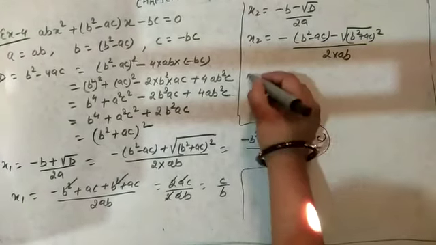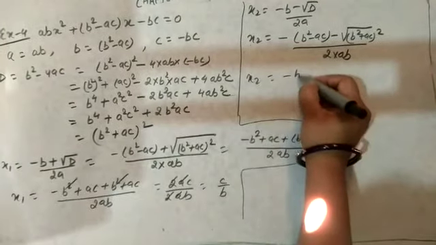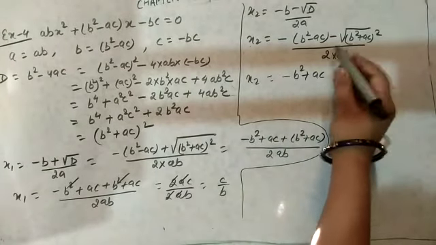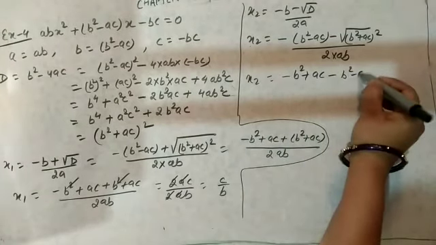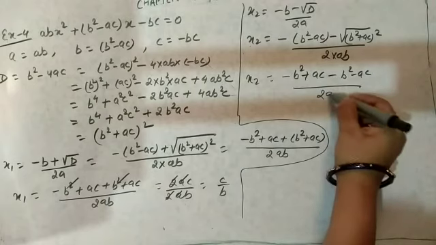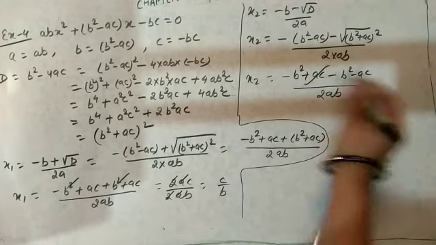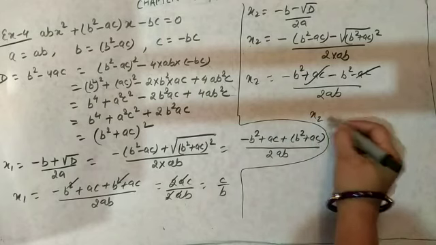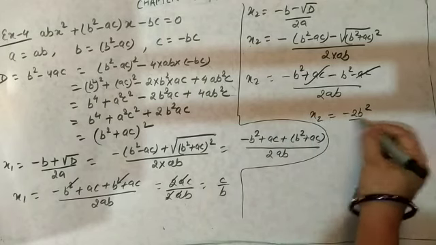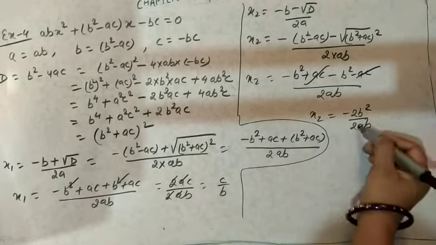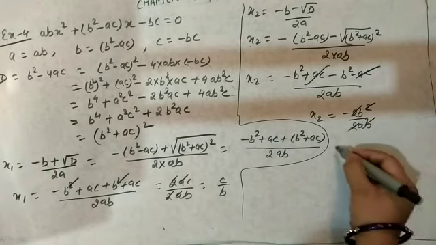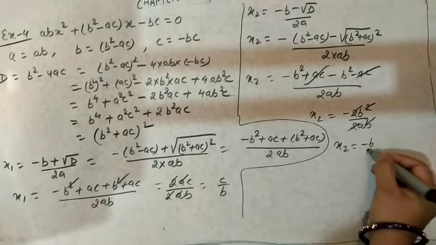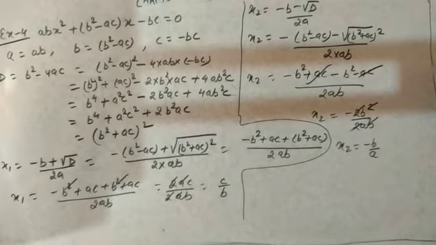So x2 = (−b² + ac − b² − ac) / 2ab. So this ac gets cancelled out. x2 = −2b² / 2ab. The 2 cancels, b cancels. So x2 = −b/a.